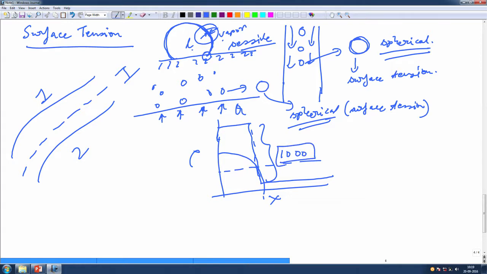Similarly, many of the properties change because of this. So, it is a region of sharp discontinuity; the properties between the different phases change over a thin, but finite region. So, thin finite region.